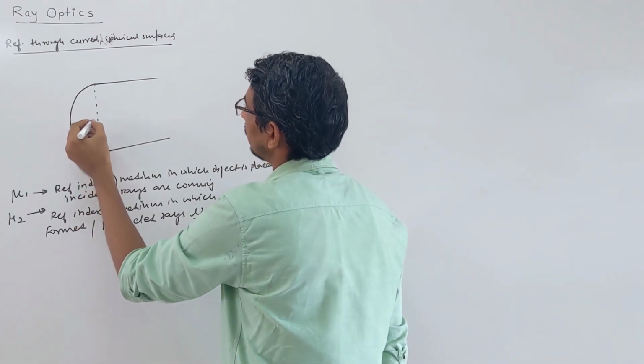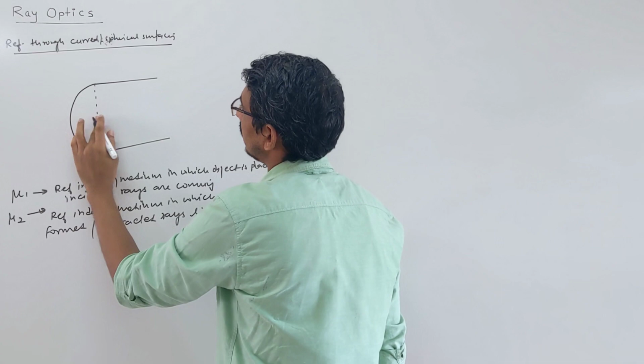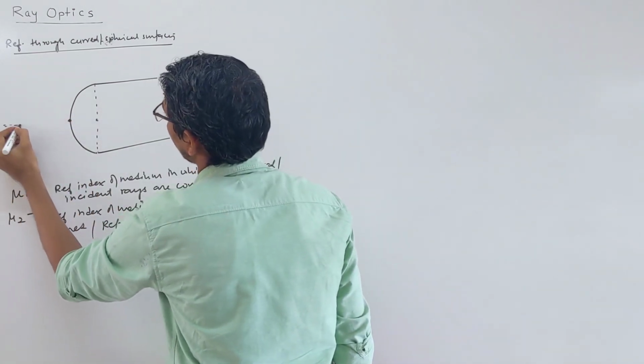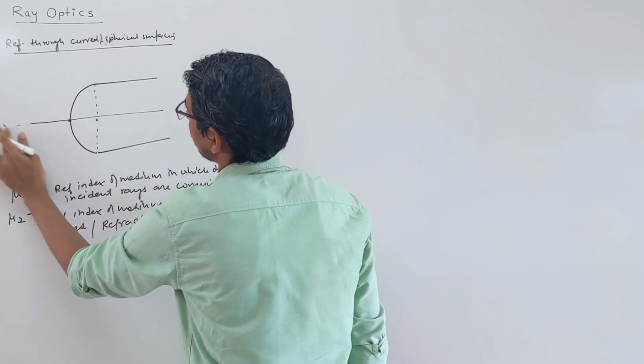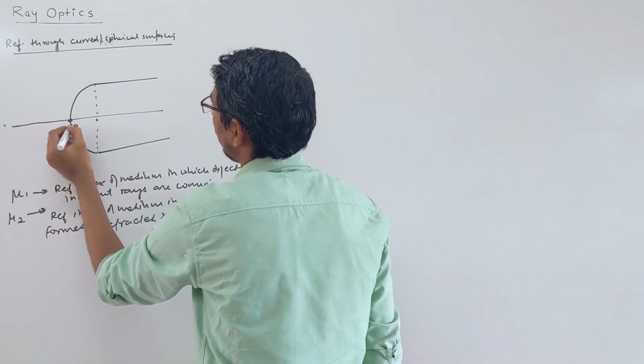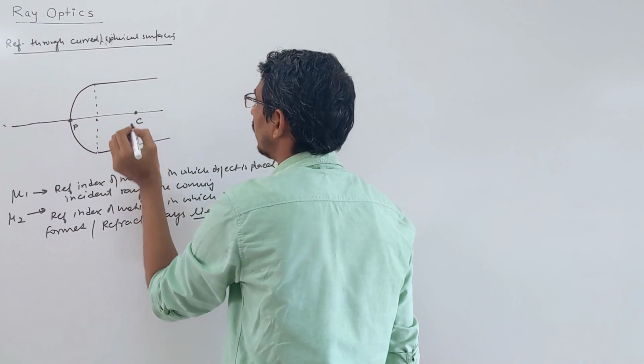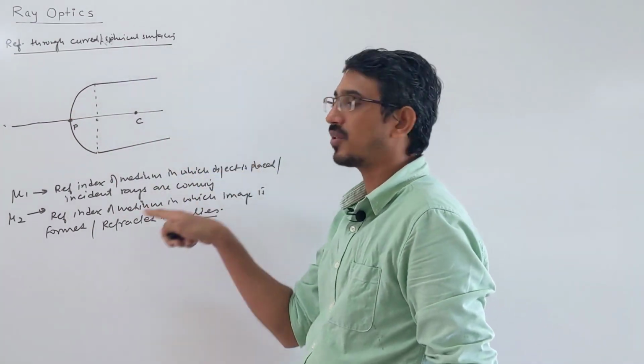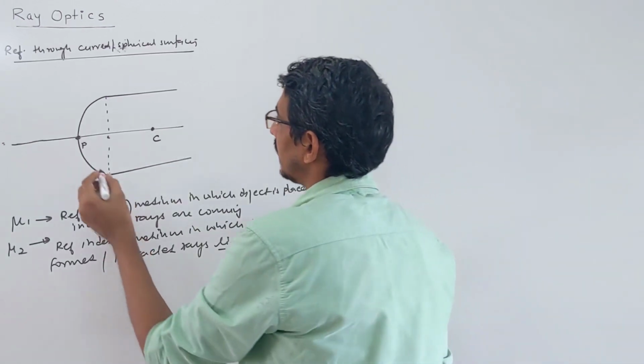Okay, look here. This is your pole. I draw a line like this, and this is again your pole only. That is your C or R, the center of curvature or radius of curvature, meaning the radius of this spherical surface. Generally we write R here.